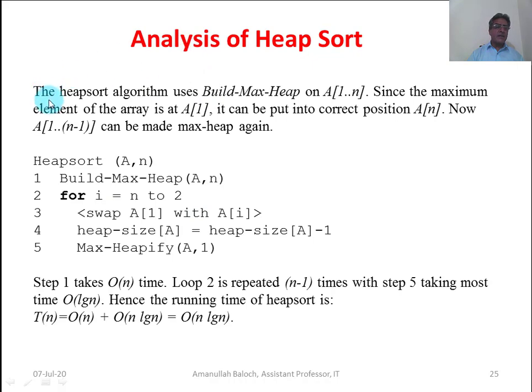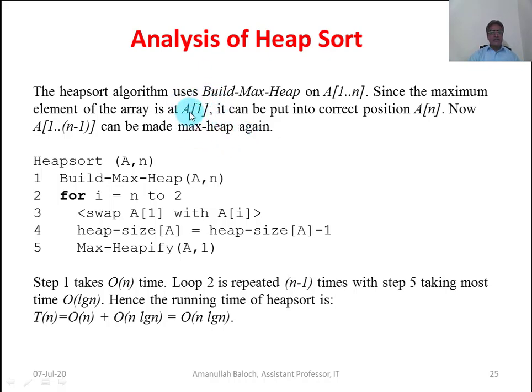Analysis of the heap sort. The heap sort algorithm uses build max heap on A of 1 to n. Since the maximum element of the array is A of 1, it can be put into the correct position A of n. Now A of 1 to n minus 1 can be made the max heap again.